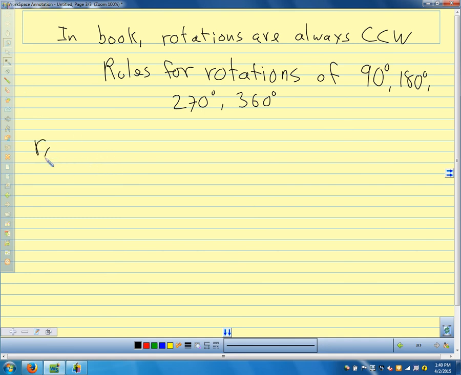A rotation of 90 degrees about, and when I write this O, I mean the origin. So we're rotating about 0, 0.